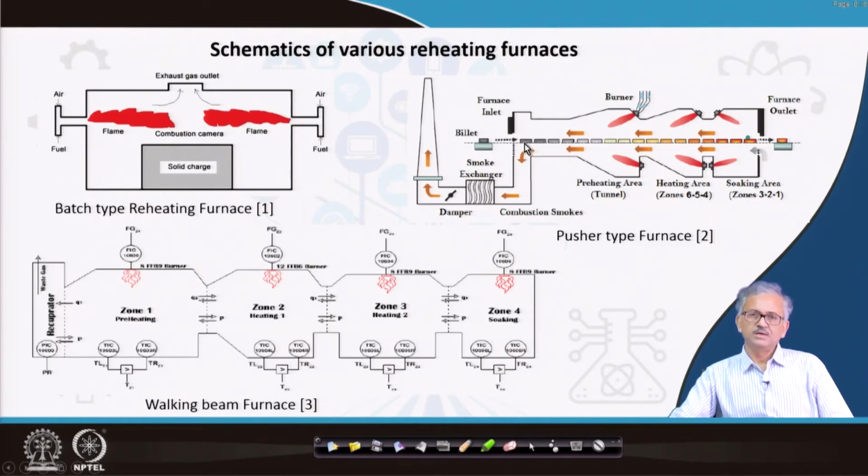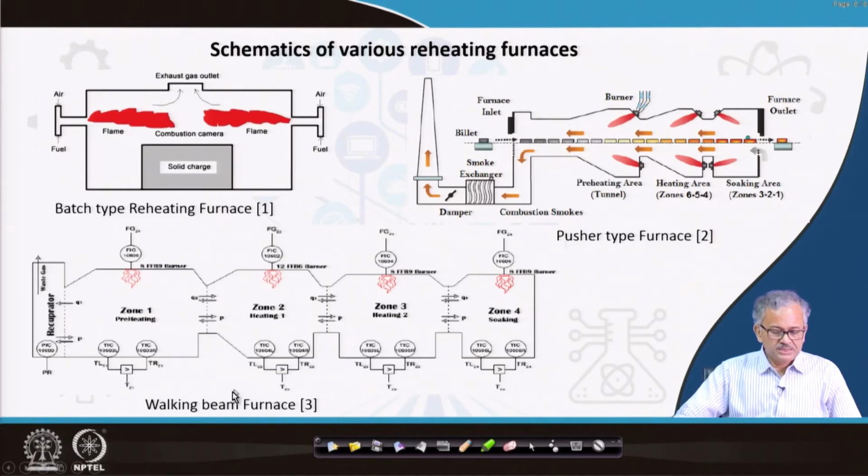So progressively the billet is heated from a lower temperature to a very high temperature, whatever is required. From continuous casting the billet can come directly to the pusher type at 700-800 degrees surface temperature, and can be heated up to above 1000 degrees centigrade for further rolling operation.